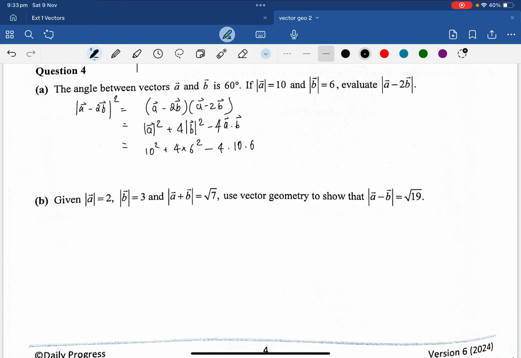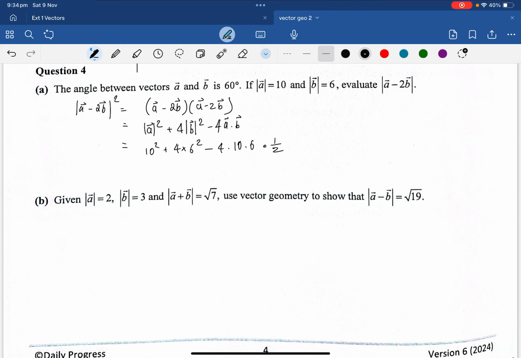And because they've given us the fact that the angle between the vectors a and b is 60, that's for a reason. When you're doing dot products of two vectors, it's always important to keep that in consideration. So cosine of 60, which you can evaluate to be half, so you can just times the entire thing by half.